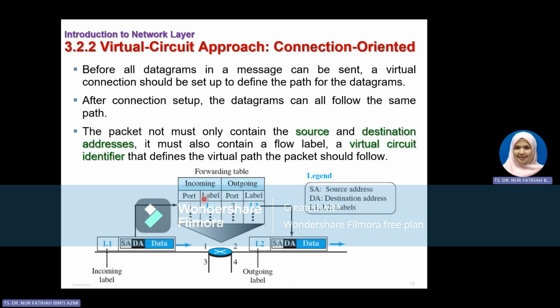First we find the packet with label L1 at port number 1, and then it is forwarded to port number 2. Now it is relabeled as L2. So the packet goes out with a new label, L2, towards the next router. This is an example of label switching, where the router uses labels, not IPs, to forward the packet.